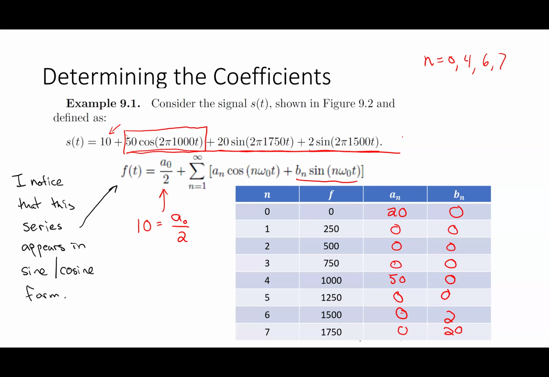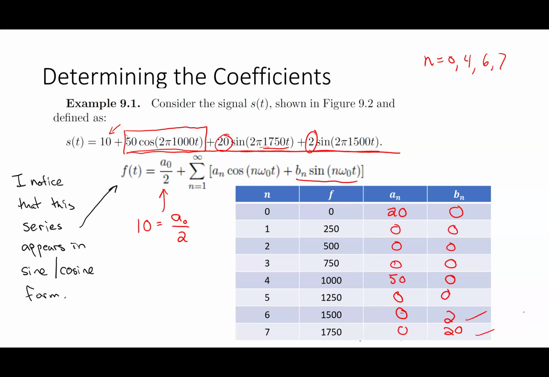Because those are sine terms. There's no cosines there, right? So at 1500, the amplitude was 2. That's what this is. At 1750, the amplitude was 20. That's what this is. So I sort of just pattern matched to this.